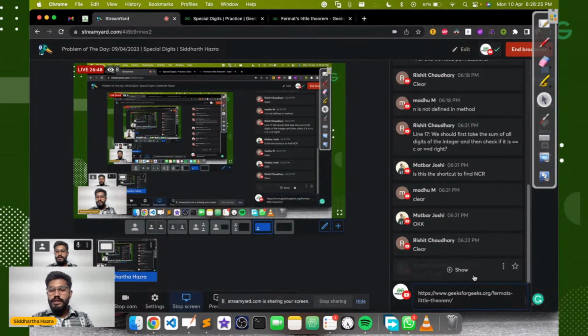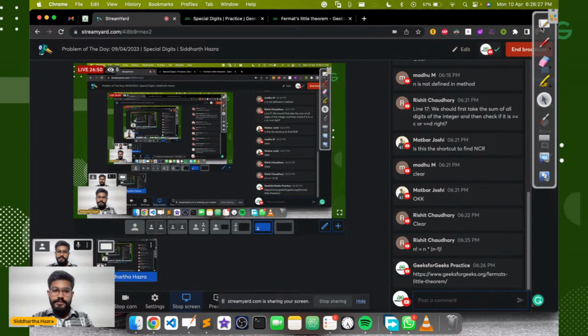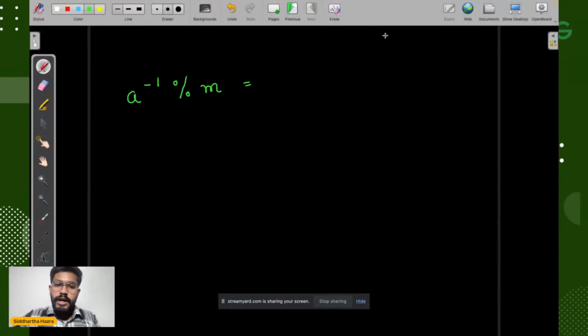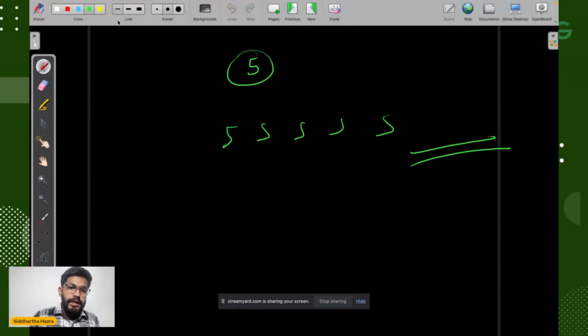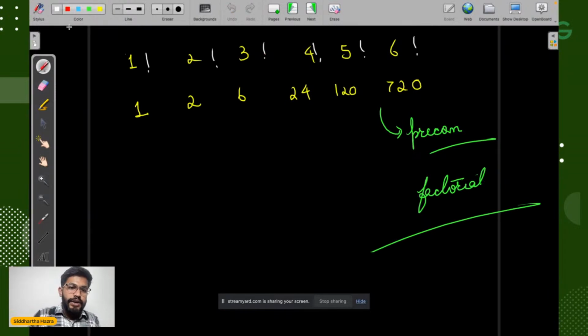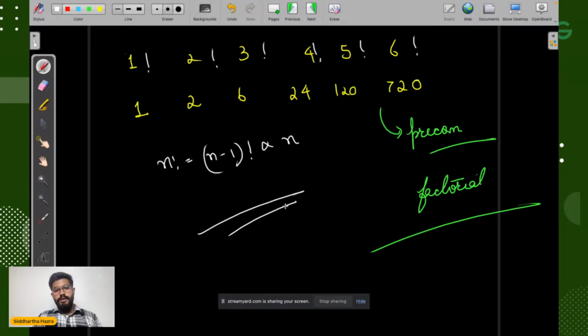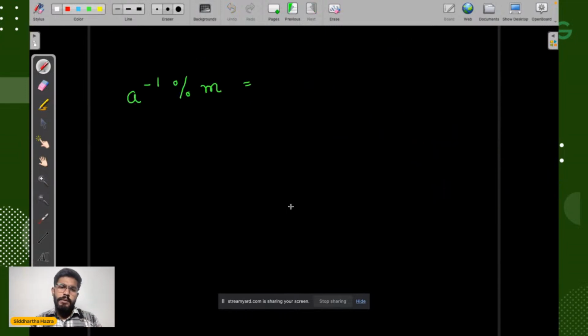I'm using this formula, that n factorial can also be written as n minus 1 factorial multiplied by n. And the same idea is used in prefix sum also. So if you already know prefix sum, this won't be much of a hindrance. But the problem is A inverse, to find the value of an inverse.